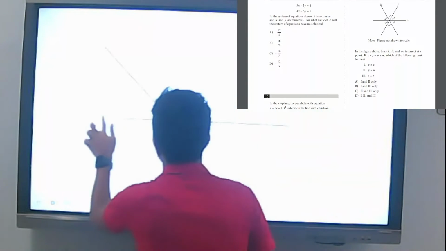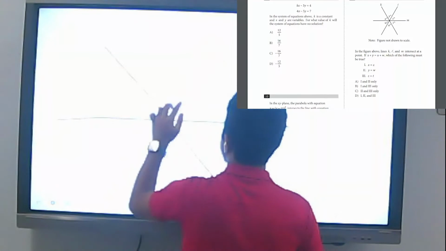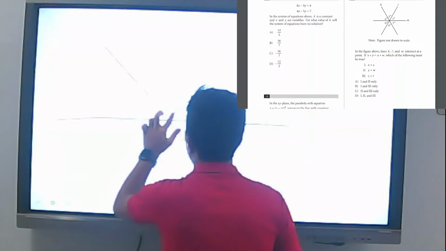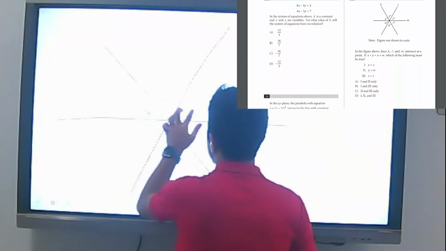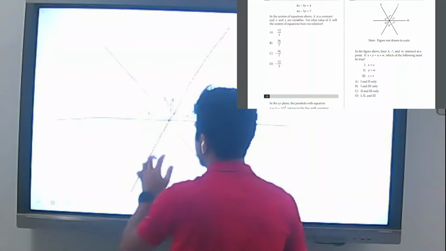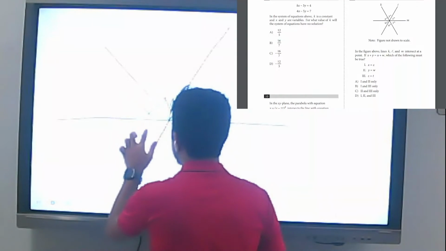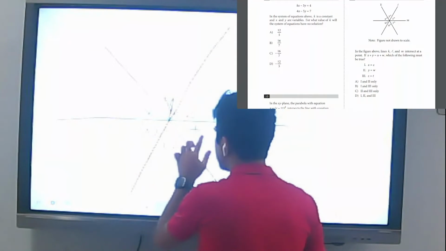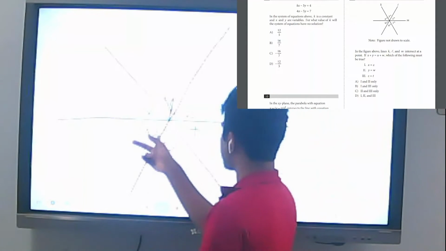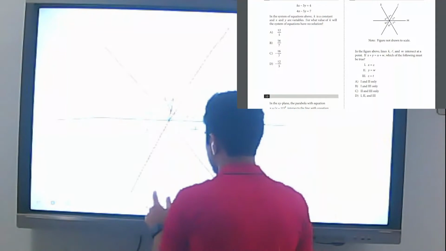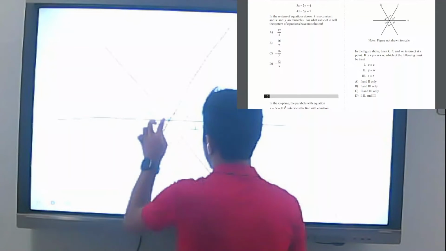This is K, L, and M. So x, y, z, and w, u, t. That's how it would be. Okay, so these two are the same, so how about I just write this as w, and then I can write this as x.